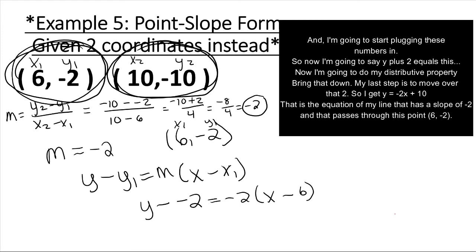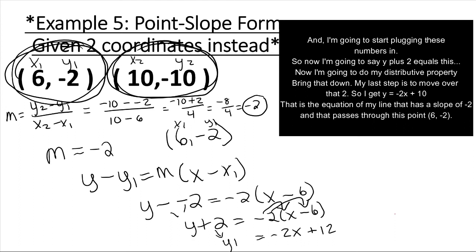Okay, so now I'm going to say y plus 2 equals this. Now I'm going to do my distributive property. Bring that down. My last step is to move over that 2, so I get y equals negative 2x plus 10.